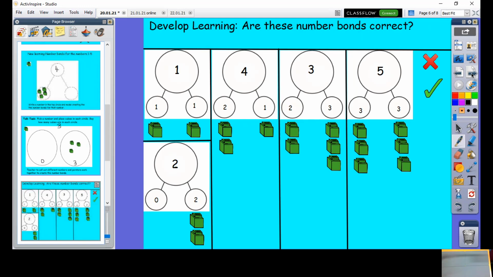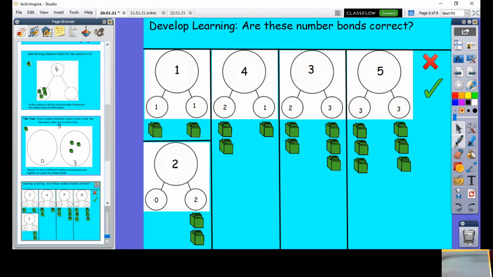Okay. Are these number bonds correct or incorrect? Let's have a look. Okay, so this one says 1, so I should only have 1 cube. I've got 2 cubes.